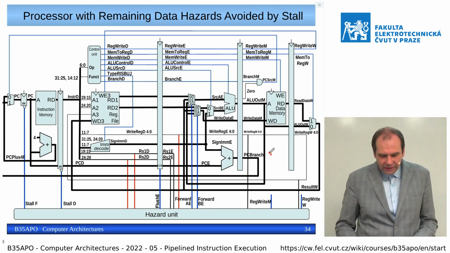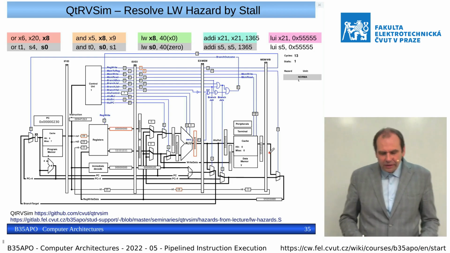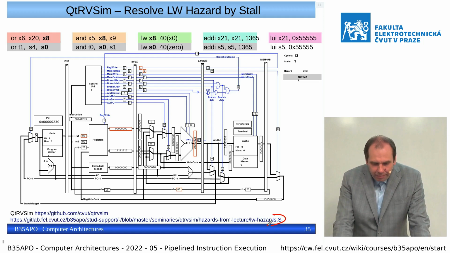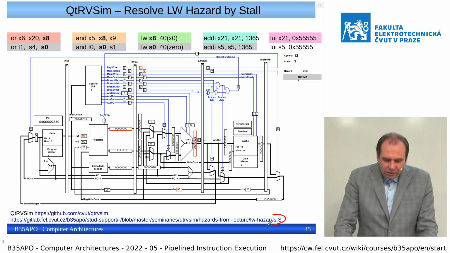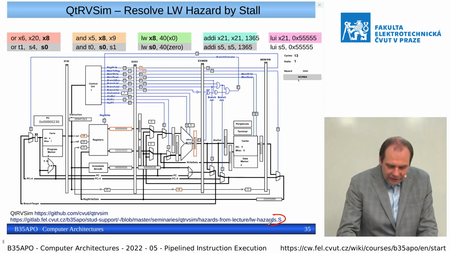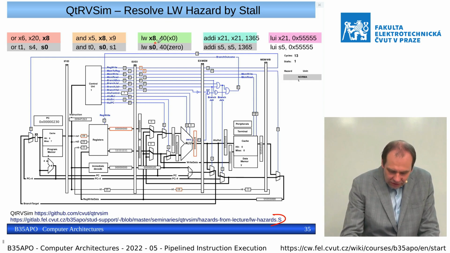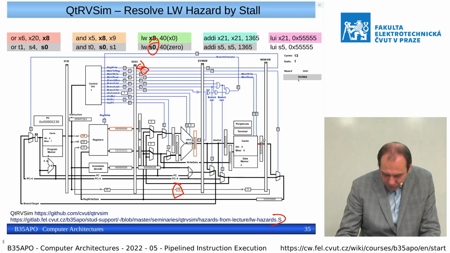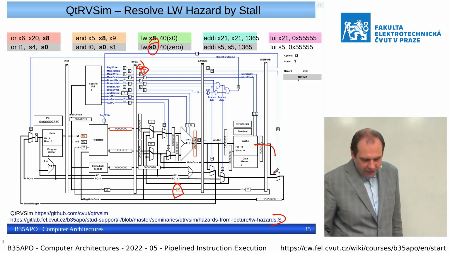So there is again the actual example in the simulator. You can read it from the web and test it on the simulator. You can see we have there the load word instruction. It wants to set register number 8. It wants to write to this register, and it is a write from the output of the memory, not that fast one, a bypass one.